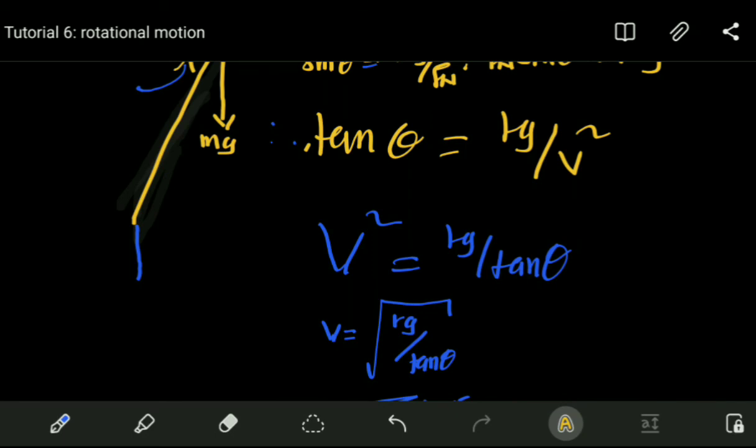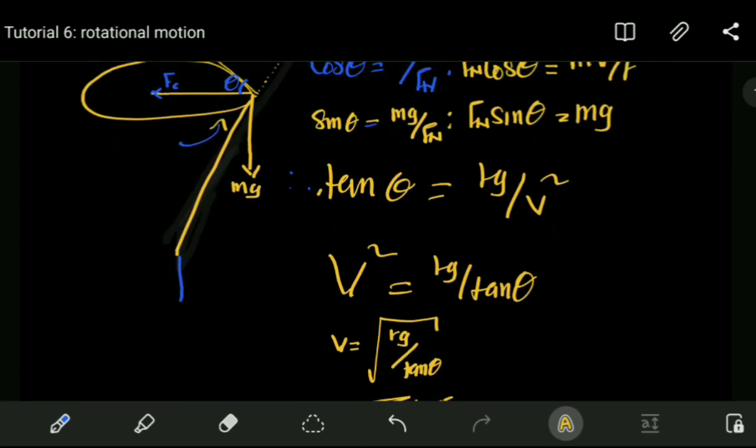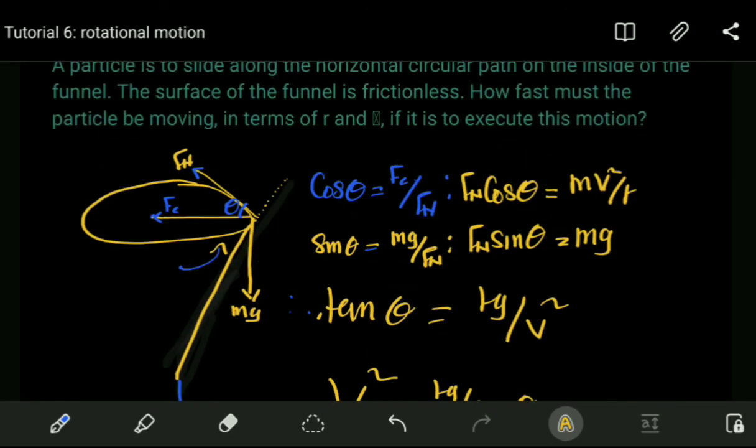So we express v in terms of r and theta: v squared equals rg over tan theta, then v is the square root of that. We have expressed our speed in terms of the radius as well as the angle. There's nothing so difficult, we're just expressing v in terms of r and theta.